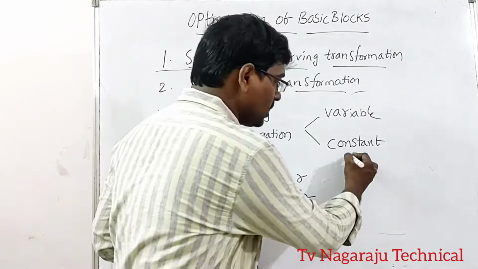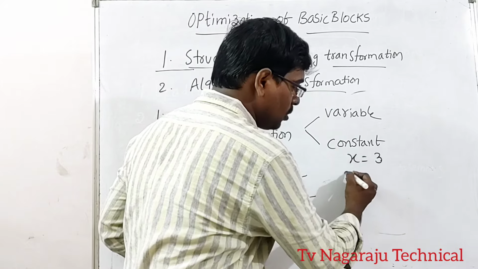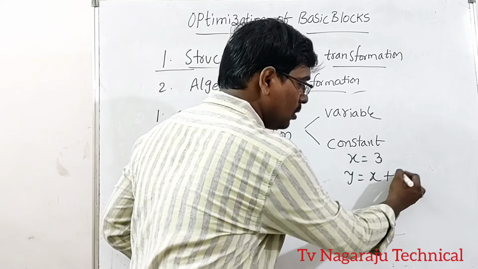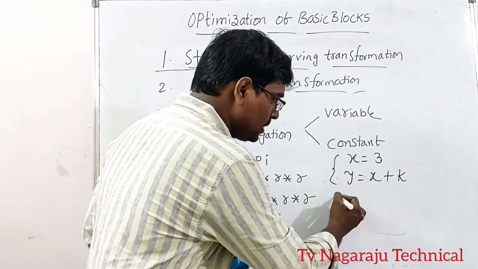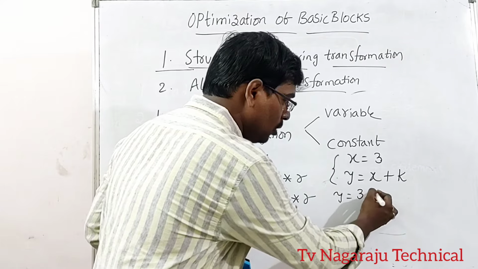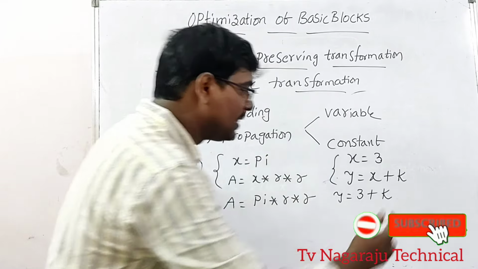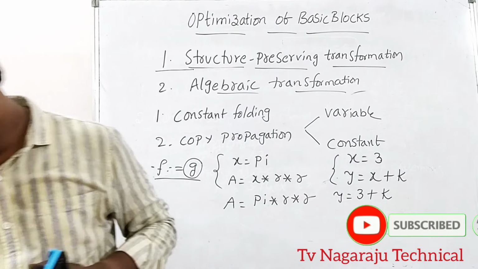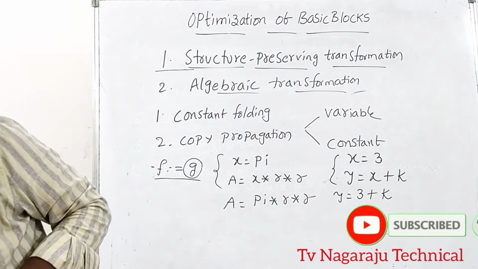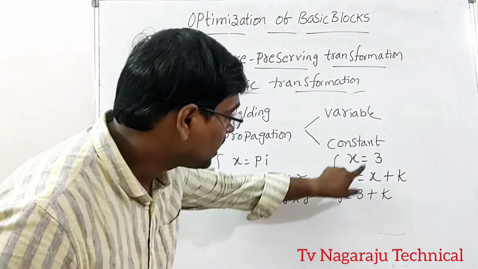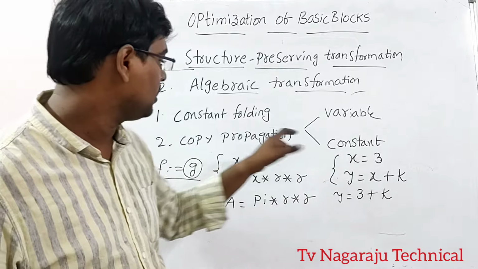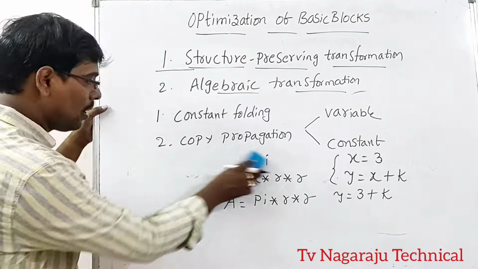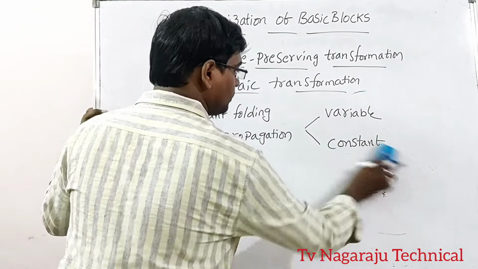Constant propagation: suppose x is equal to 3, y is equal to x plus k. Observe how to optimize. Y is equal to directly 3 plus k. So the variable x is removed automatically. This is called copy propagation.